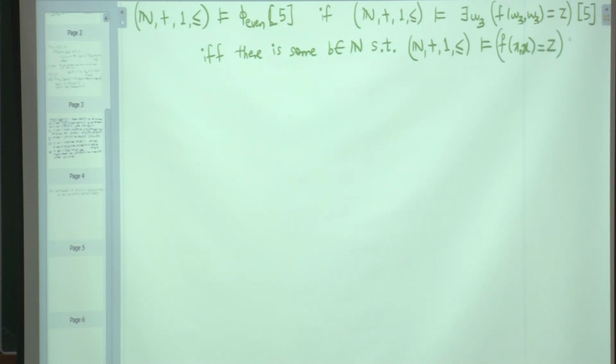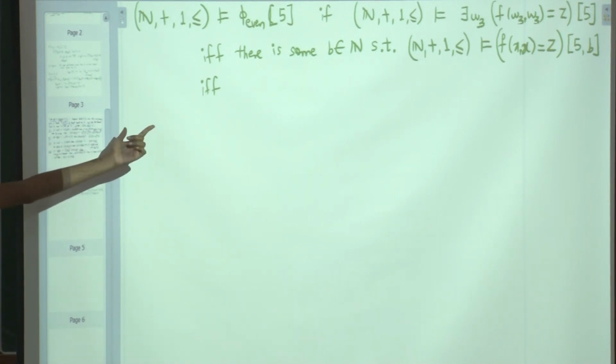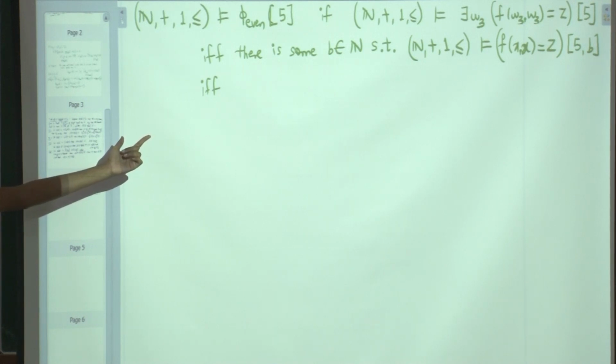This formula, when evaluated at phi comma b, is true if and only if what will happen? Now we have to interpret this formula. This is a formula constructed using which clause? F1 dash. It is equality of two terms. So it is F1 dash.